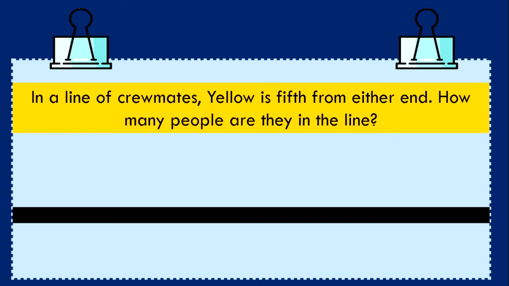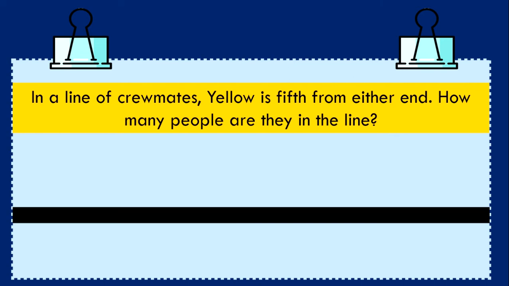We have this phrase from either end. We know for a fact that a single line has two ends, right? So from left and then from right, we need to see that yellow is the fifth from left and then from the right. Since the problem stated the word either, we can say that yellow is fifth from both ends.